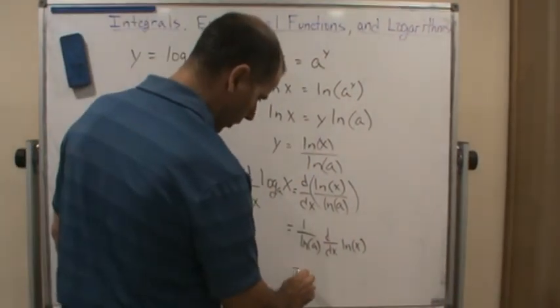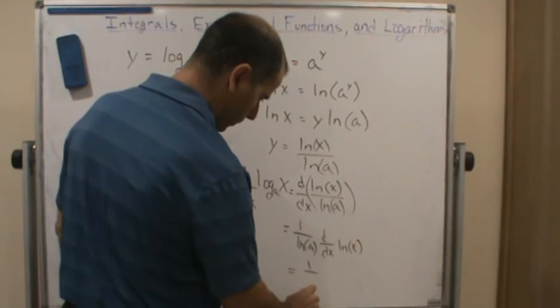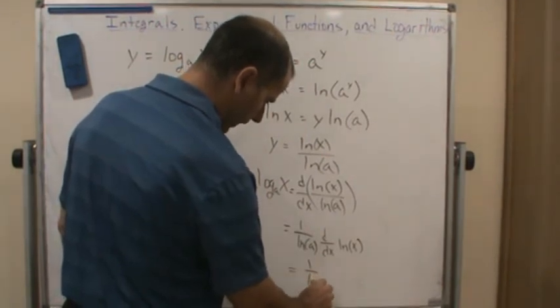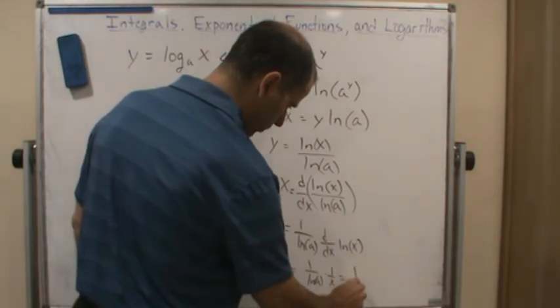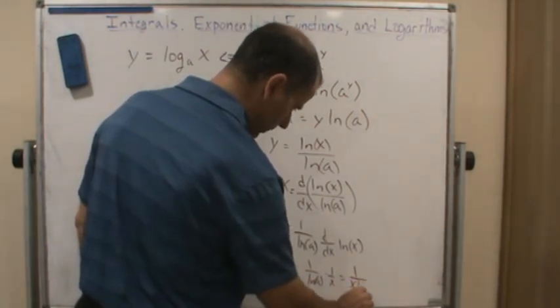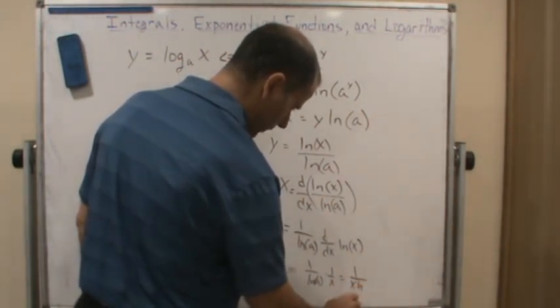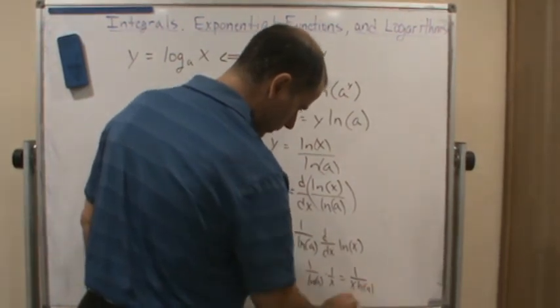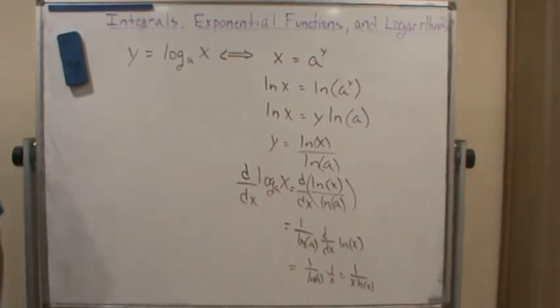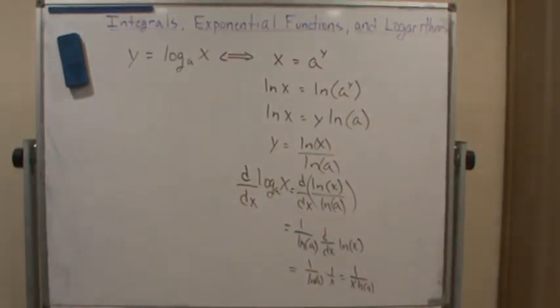And so we get 1 over the natural log of a times 1 over x, which gives us 1 over x times the natural log of a. And that's our differentiation formula for logs.